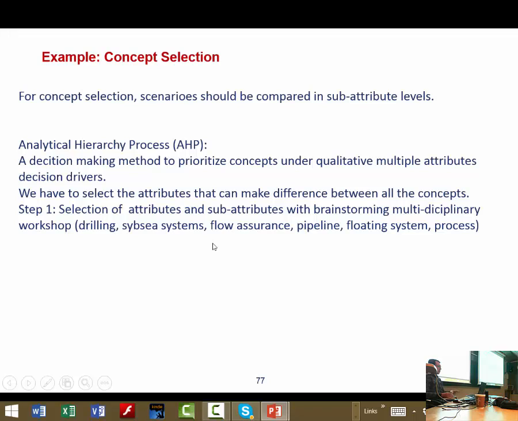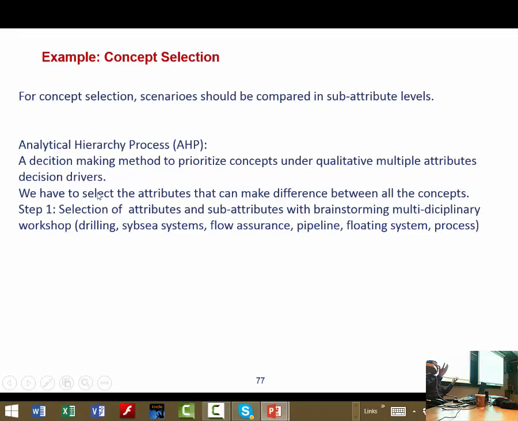For both concept selection and concept screening, you need to compare or rank the scenarios based on qualitative parameters. For ranking based on qualitative parameters, there is a standard approach known as the analytical hierarchy process, AHP, a decision-making method to prioritize concepts under qualitative multi-attribute decision drivers.